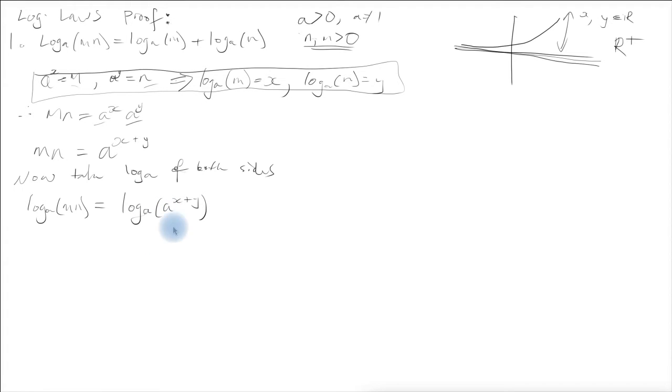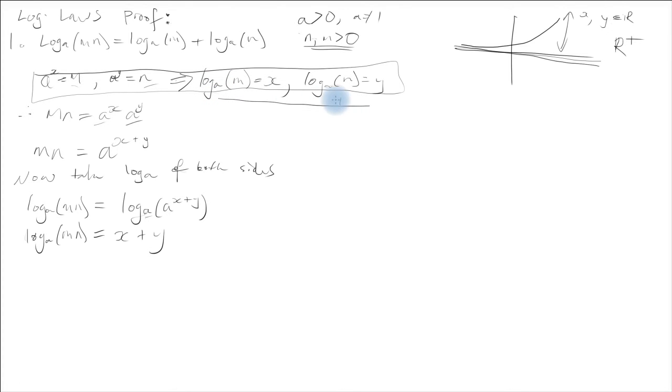So this side, we now have log a of mn. On this side we've got a logarithm and an exponential with the same base, so they undo each other. So on this side we get x plus y. Now thinking back to here, this is why it's important that we know these two things.